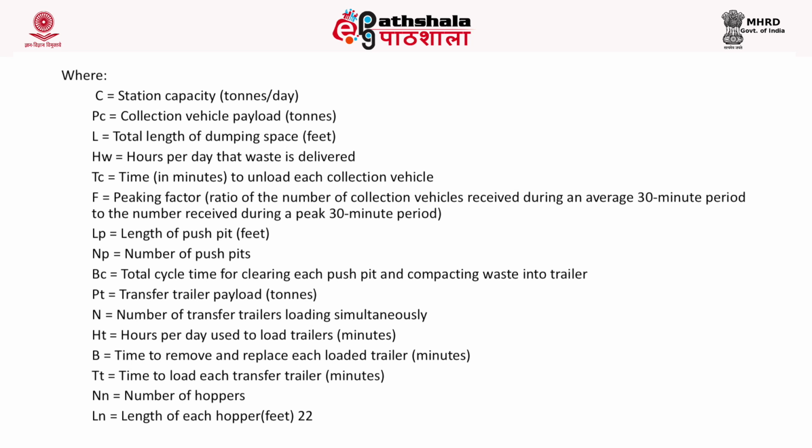PT is a transfer trailer payload, N is the number of transfer trailers loading simultaneously, HT would be the hours per day used to load trailers, B would be the time to remove and replace each loaded trailer, and capital T would be time to load each transfer trailer in minutes.